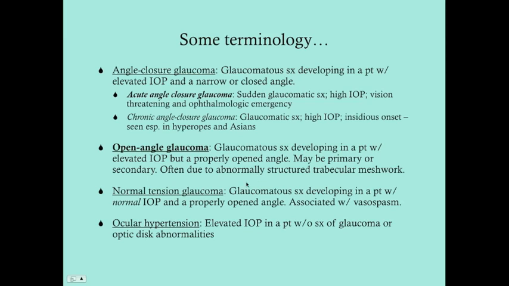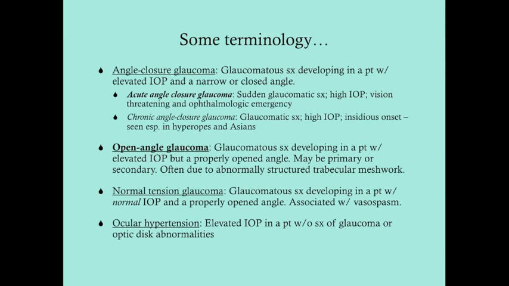Open angle glaucoma is essentially where it's a glaucoma process where the angle is not closed. So it's really a diagnosis of exclusion. And so this is where you will ultimately develop glaucomatous symptoms in a patient who has elevated intraocular pressure but a properly opened angle.